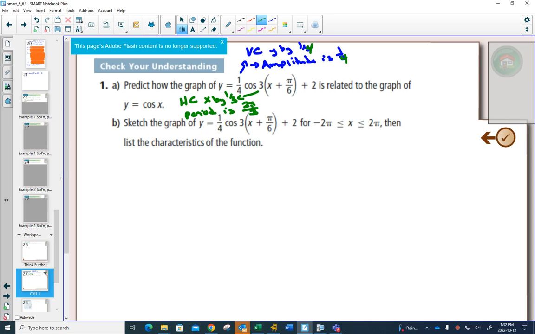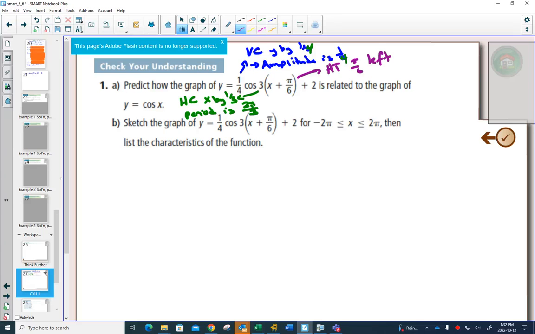So we can describe it with our transformations, but we can also describe what it is with our shortcut as well. So the pi over 6, that's going to be a horizontal translation, pi over 6 to the left, and we know that a cos graph starts at a maximum.